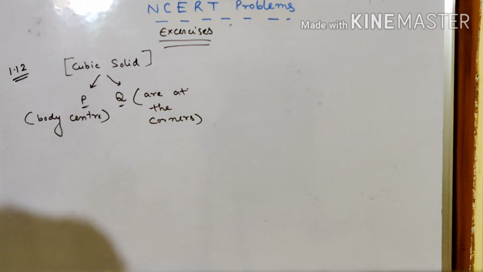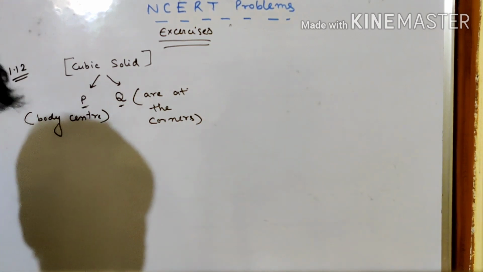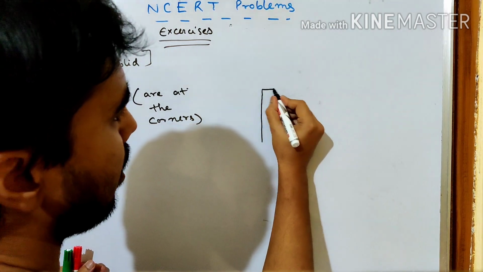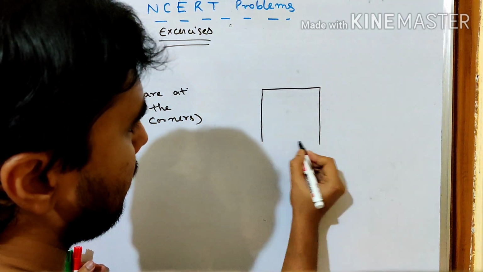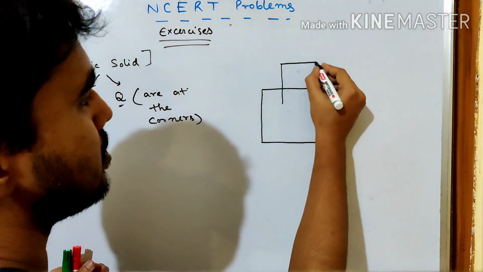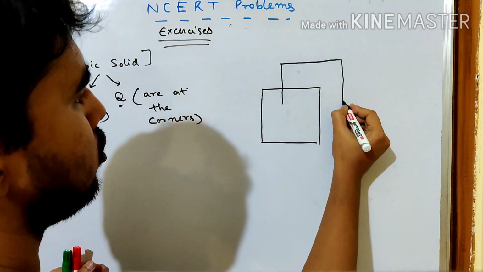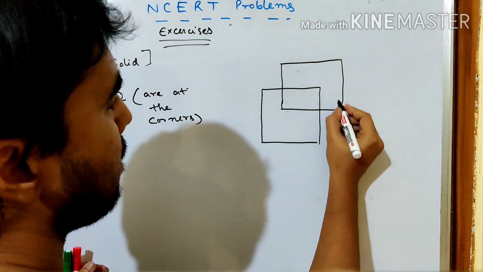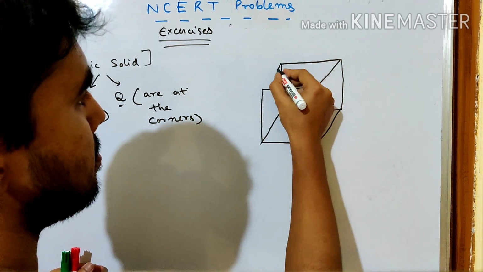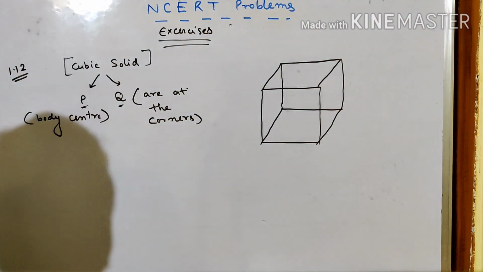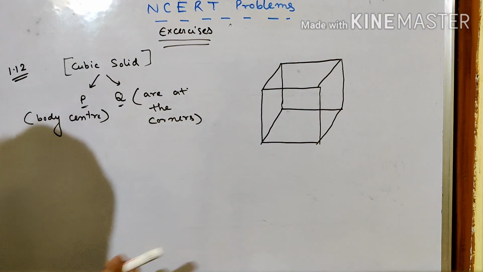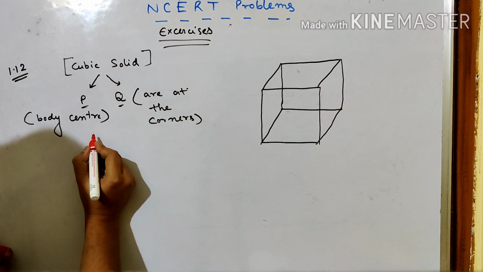Let's see. To solve it, let us draw how it should actually look. So this is a cubic solid. Two types, P and Q. Suppose P, I am doing it with red.